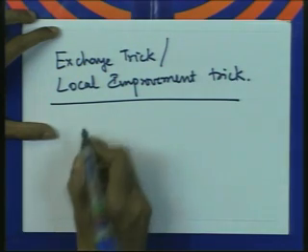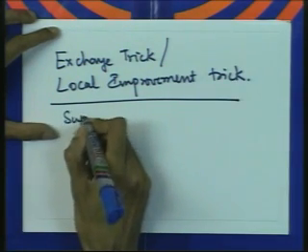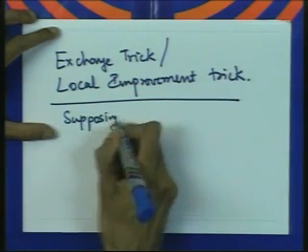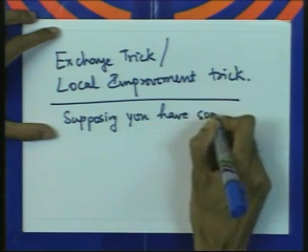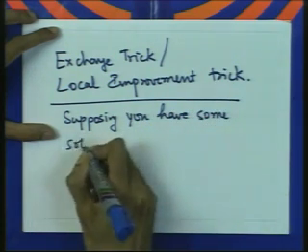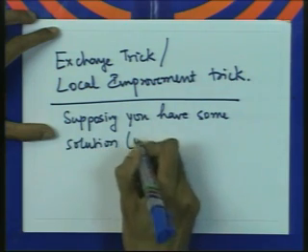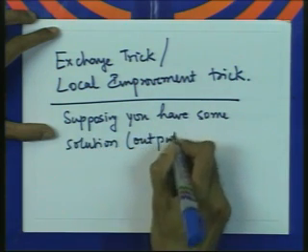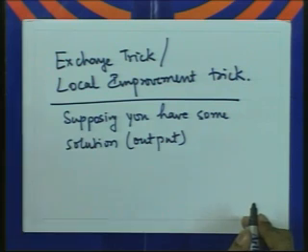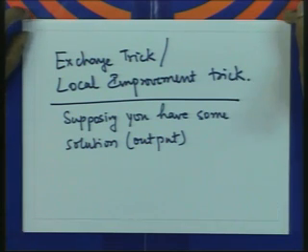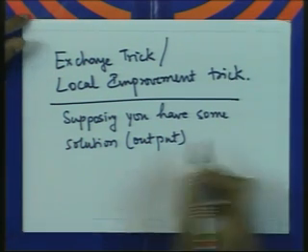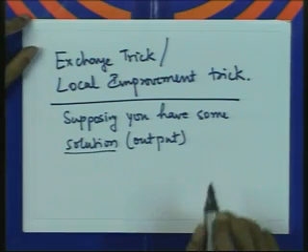Supposing you have some solution, some generic output for the problem. There's an input and you want an output. Usually you want an output which is maximum in some respect, or minimum, or optimum in some respect. But supposing you just take some solution which may not be optimal.